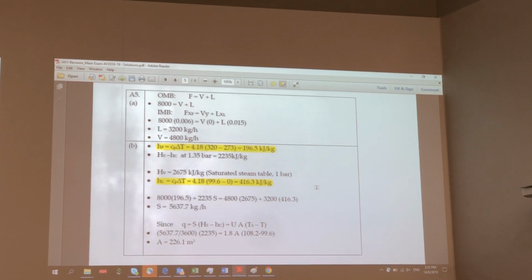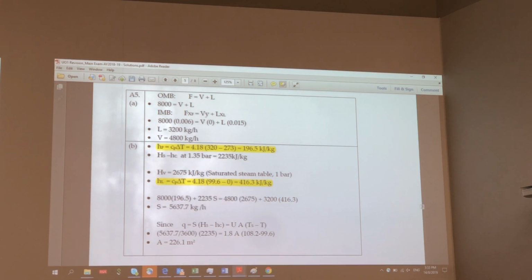The delta T refers to your actual temperature minus 0 degrees. But if you have Kelvin, then this should be 273. So you see here I use 273 because the 320 is in K. This one is in degrees Celsius.